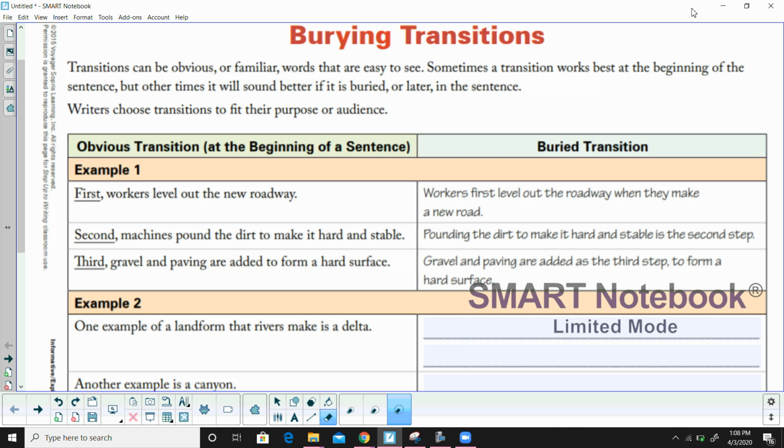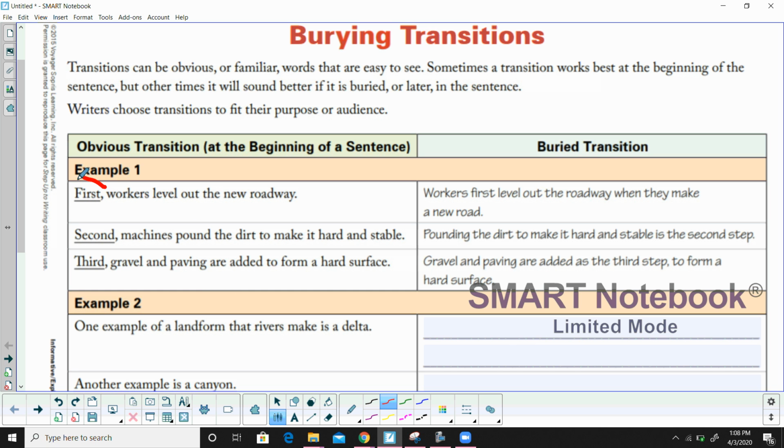All right, so let's look at how we can use these more complicated transition types to make our sentences and our writing stronger. So on the obvious side, for example one, they're giving the steps in which something needs to happen, and there's a specific order these things are supposed to happen in. So they're using the transition first.